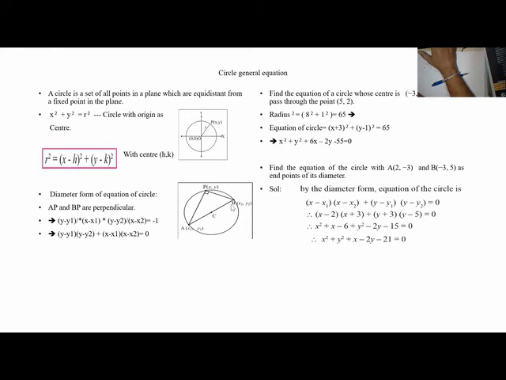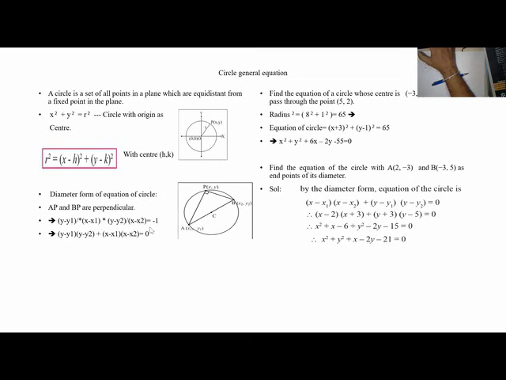Now suppose I have two diametric points (x1, y1) and (x2, y2). I want the equation of the circle based on these two points. See, we know any chord connecting to a diameter will make a 90 degree angle at this point. That means the slope of this and the slope of this, the multiplication m1 m2 is minus 1, because they are perpendicular to each other. So what is the slope here? (y minus y2) by (x minus x2). What is the slope between these two? (y minus y1) by (x minus x1).